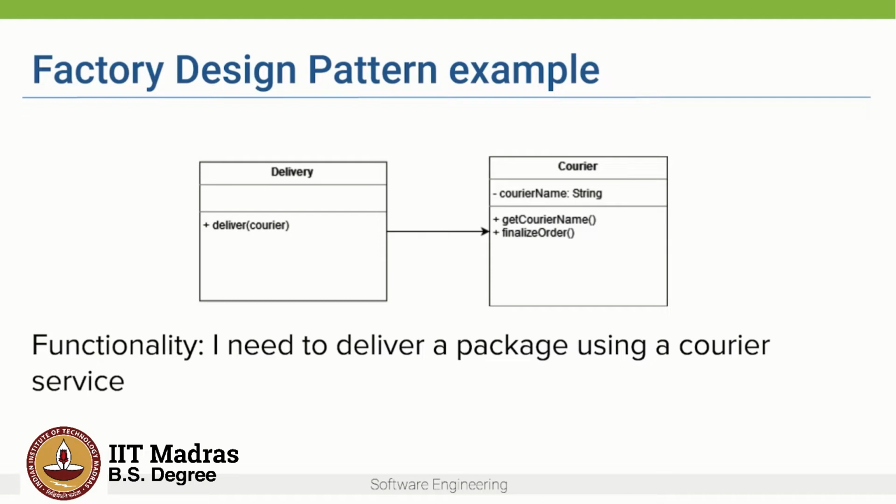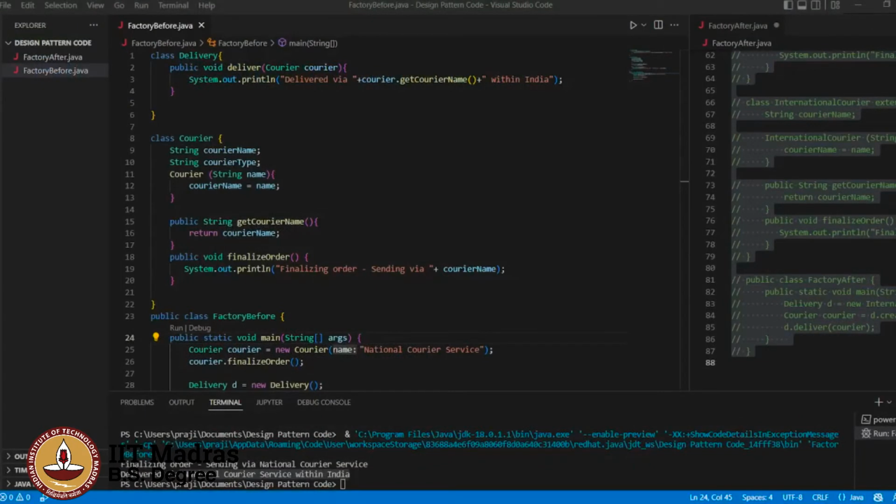So let's see how we can implement this functionality. This is a simple code which implements this functionality. As we saw, we have two classes, a delivery class, which has a method called deliver, which takes a courier object as an argument. Courier is another class which has certain parameters and certain methods.